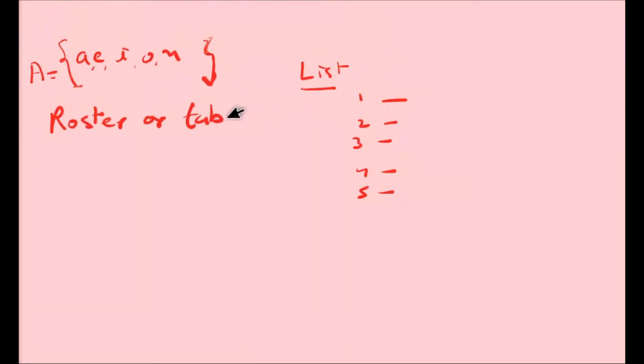Are you understanding my language? In this method you don't know the relation between the objects, but you have a list. So it is also known as the listing method, tabular method, or roster method.